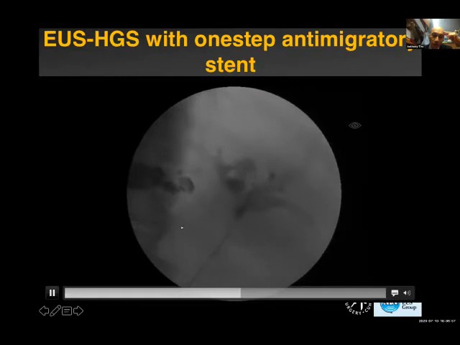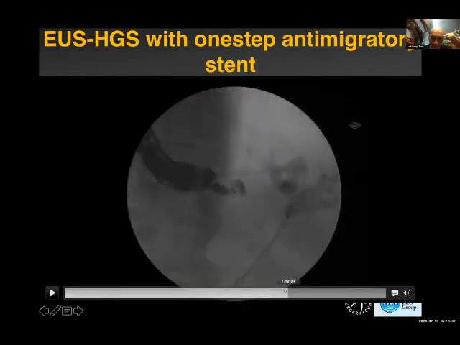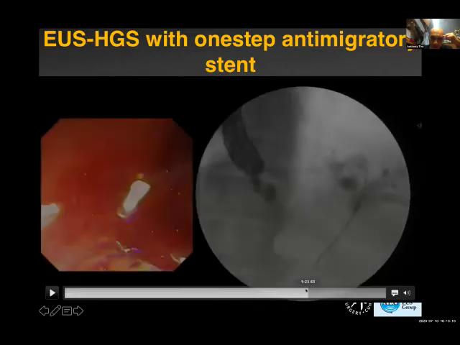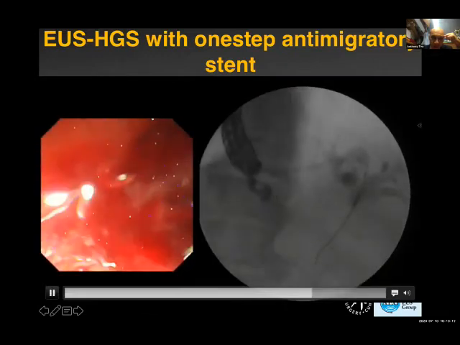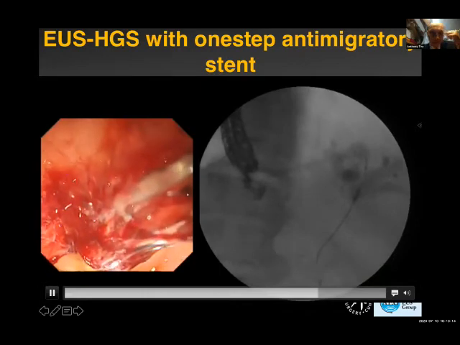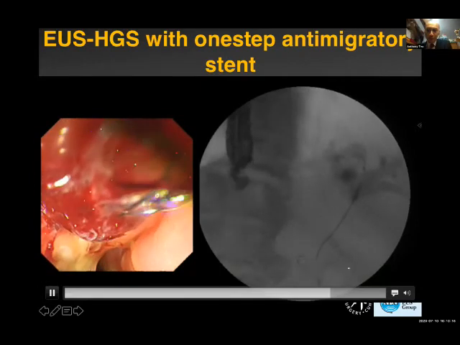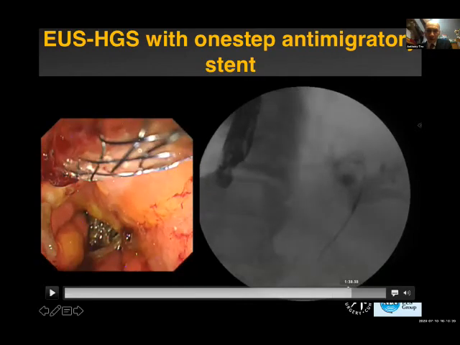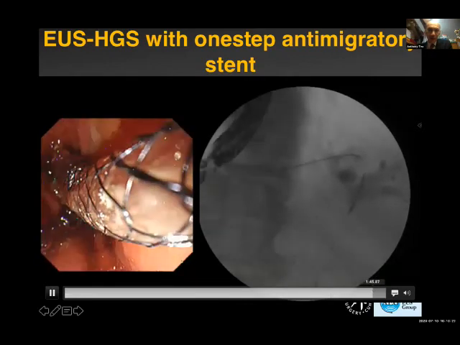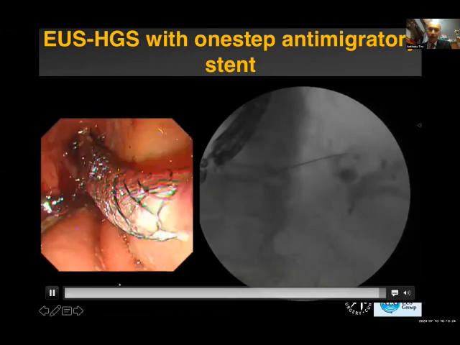We believe this is the safest way to deploy an HGS stent. After the stent is deployed inside the channel, we slowly push it out: push the stent out a little bit, pull back the scope, push out a little bit, pull back the scope, until the entire stent is pushed out from the channel.